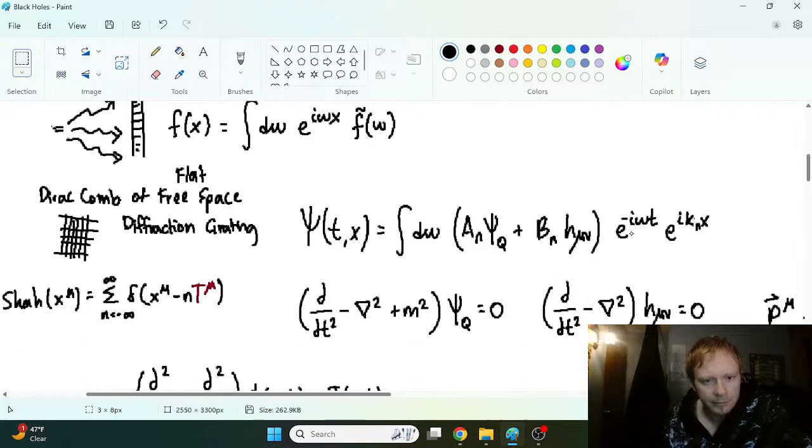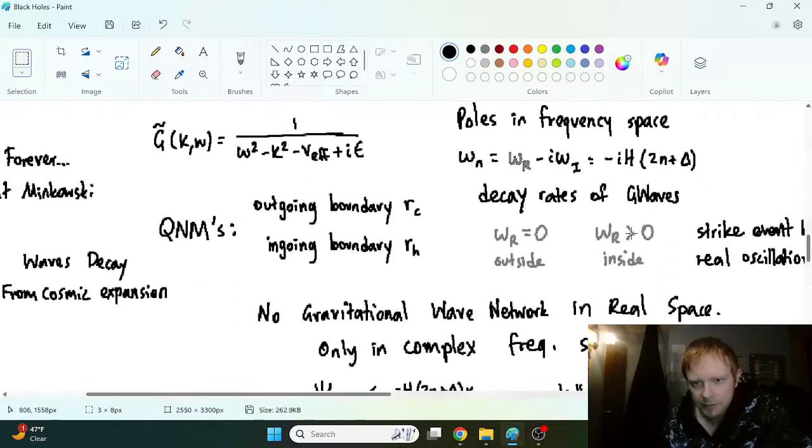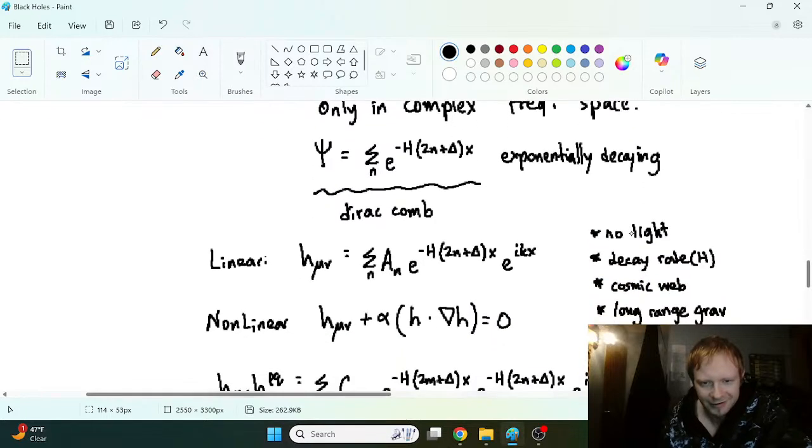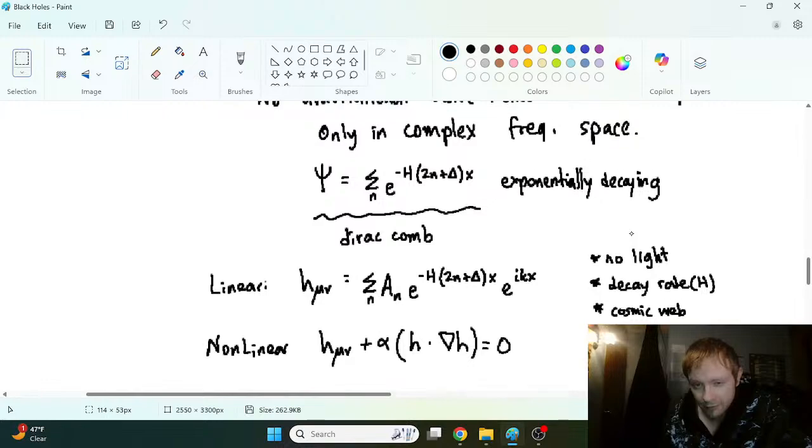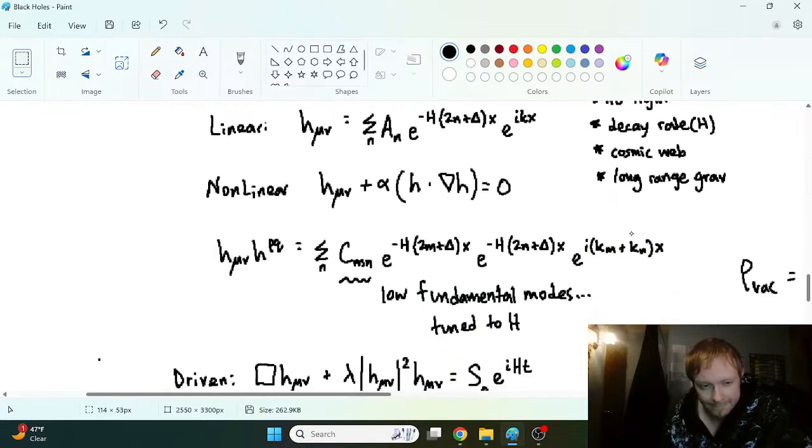Yeah, they're the poles in frequency space. So they're sending information between each other here, which is interesting. So these imaginary frequencies communicate between each other using gravitational waves in complex frequency space.